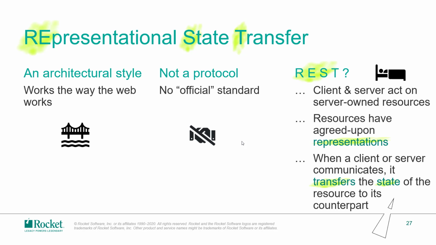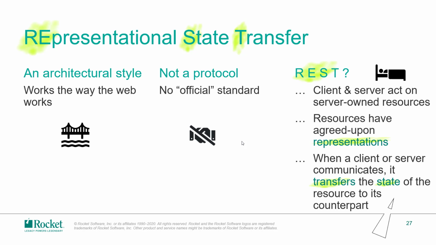So if you remember how REST works with resources owned by the server. The client and the server, when they interact with each other, they work with these resources. And those resources have agreed upon representations.